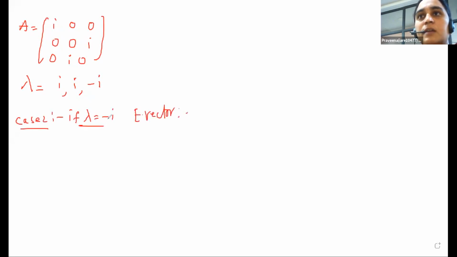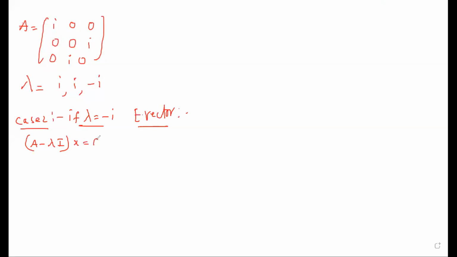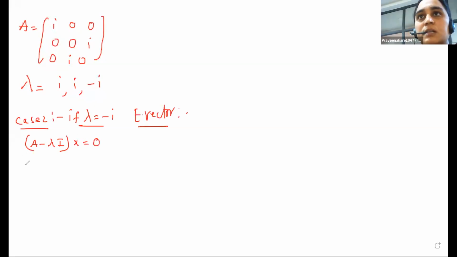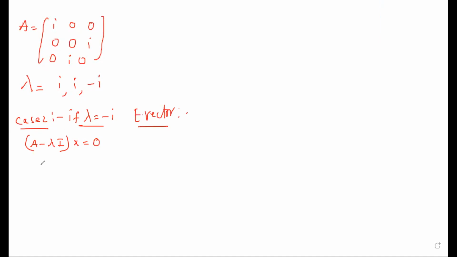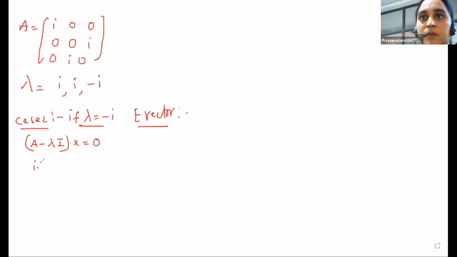Okay, for that, A minus lambda I into x is equal to 0. That is 0 1 minus 1. Where lambda is equal to minus I, then the eigenvector is 0 1 minus 1. Okay, I minus I 0 0, 0 0 minus I 0.